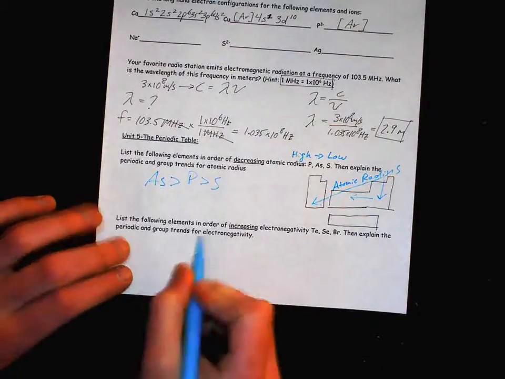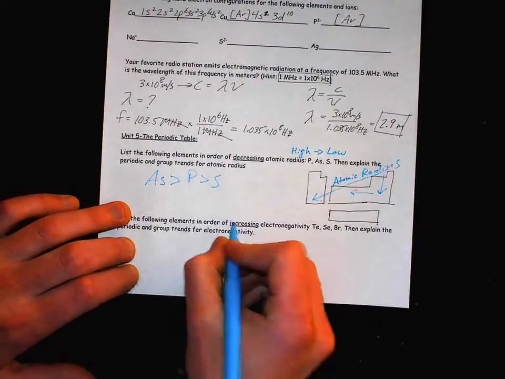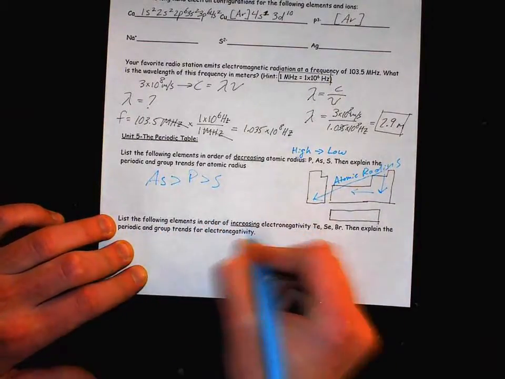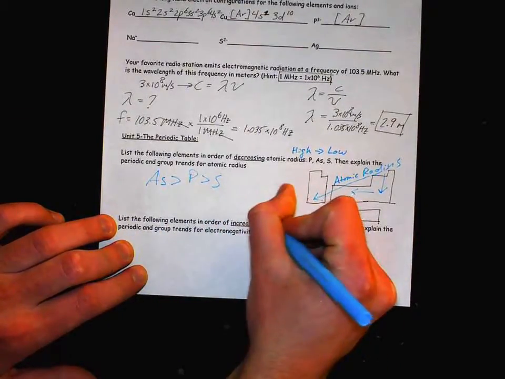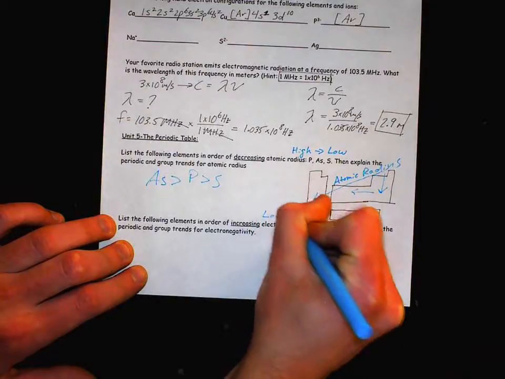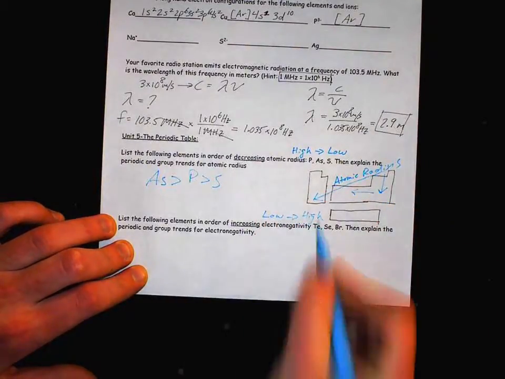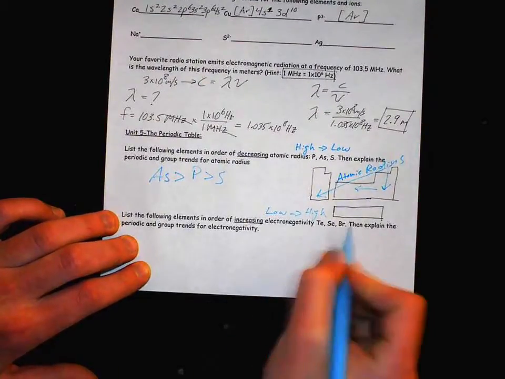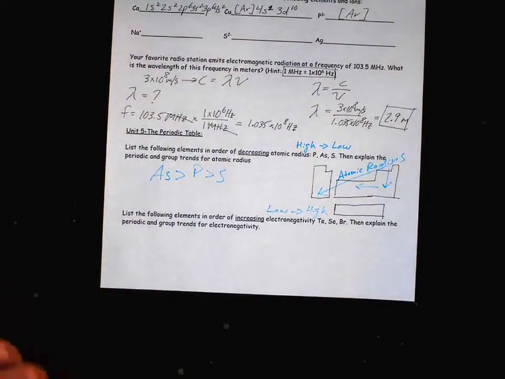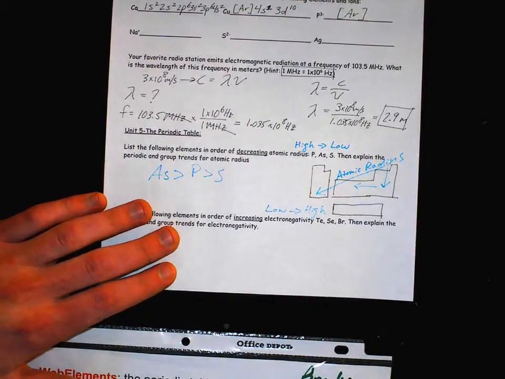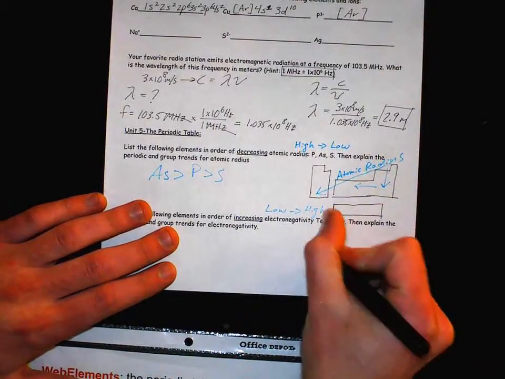And kind of a similar type of problem, but you got to be careful, we're going the opposite direction here, is electronegativity, increasing electronegativity. So we want to go from low to high electronegativity, trying to get increasing order here of these three elements. So remember, electronegativity is the opposite trend as you go up and to the right on the periodic table.